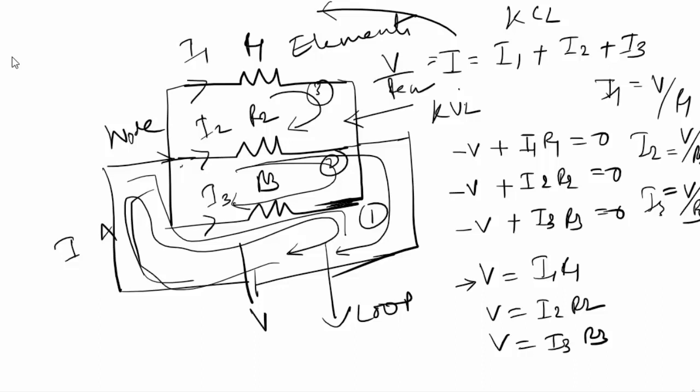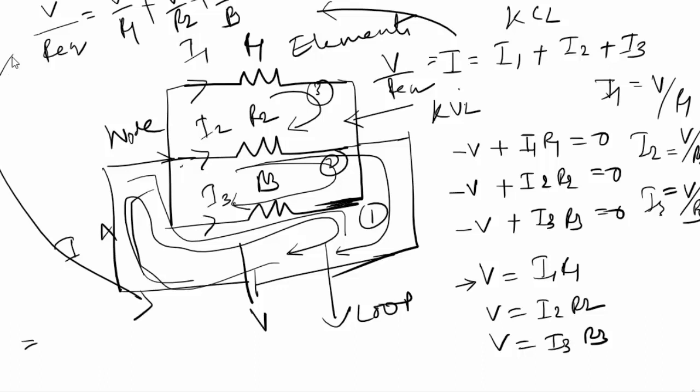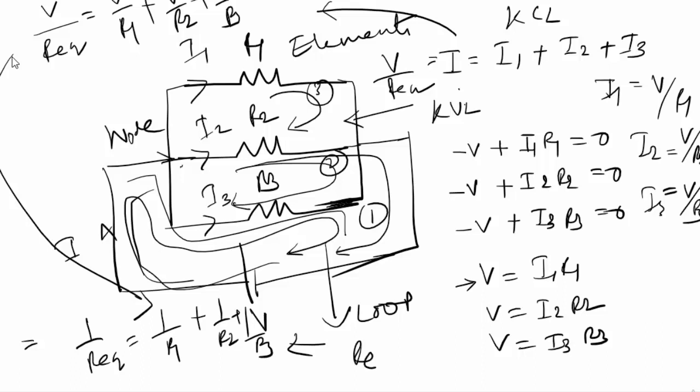So V upon R equivalent equals V upon R1 plus V upon R2 plus V upon R3. So if I write it here, 1 upon R equivalent equals 1 upon R1 plus 1 upon R2 plus 1 upon R3. That's how I have found the equivalent resistance.